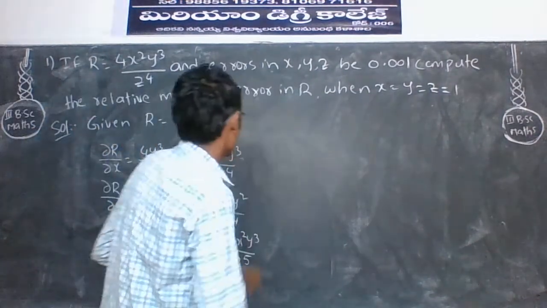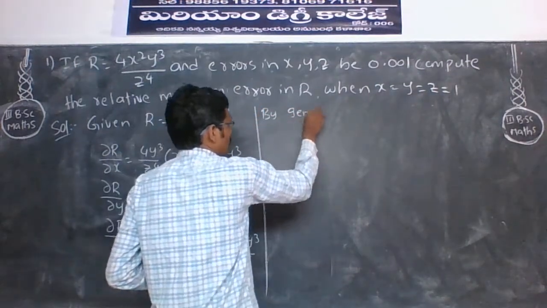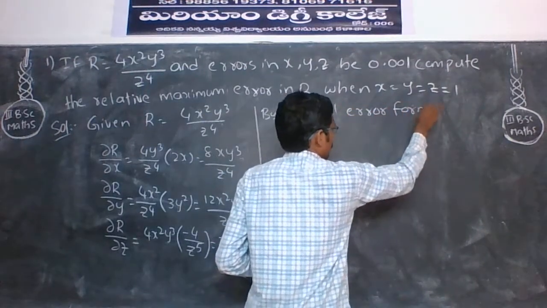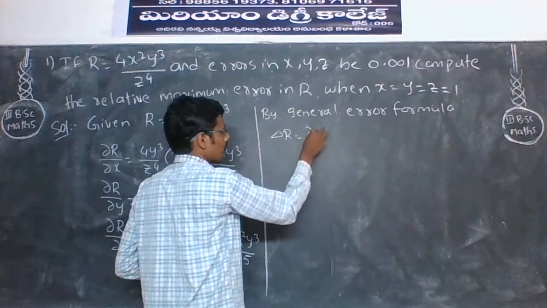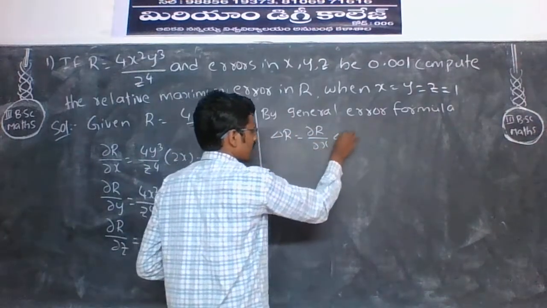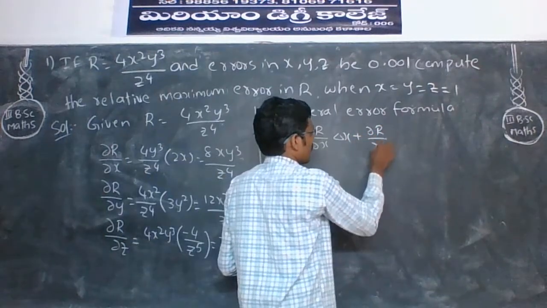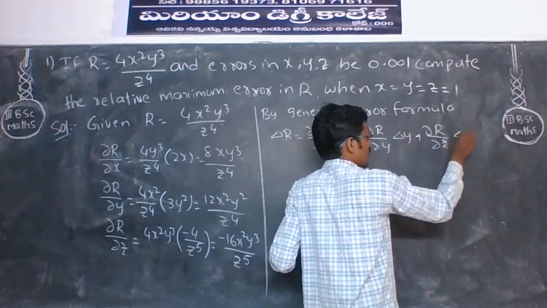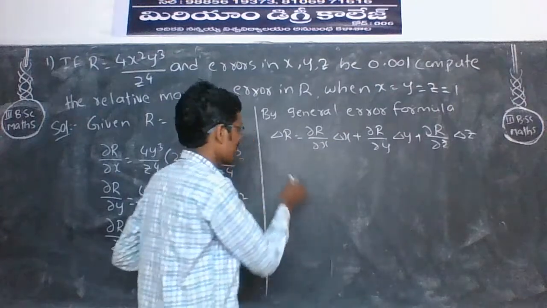By the general error formula, delta R is equal to ∂R/∂x into delta x, plus ∂R/∂y into delta y, plus ∂R/∂z into delta z. First find the absolute maximum error.